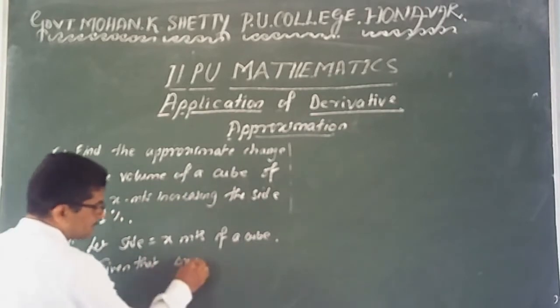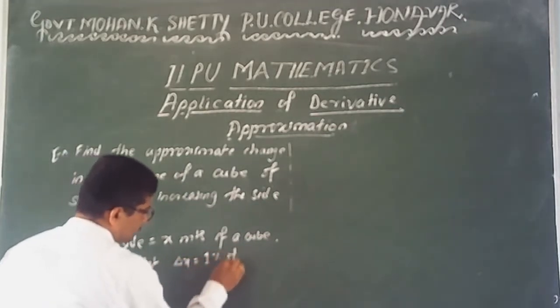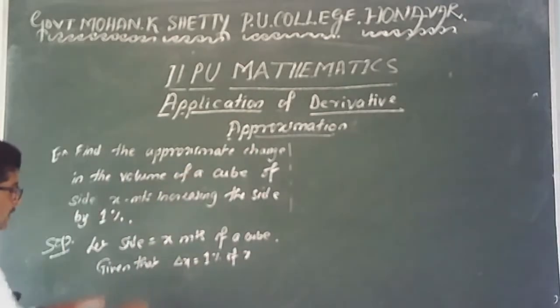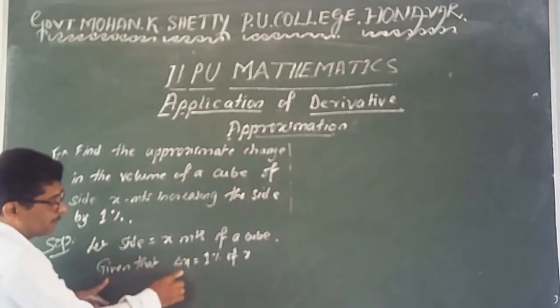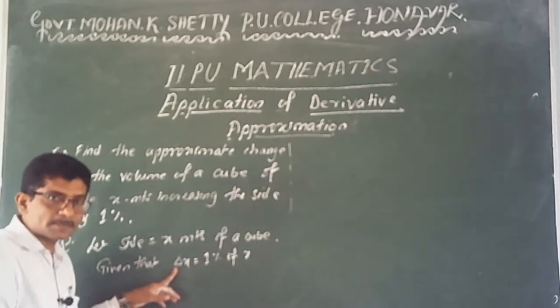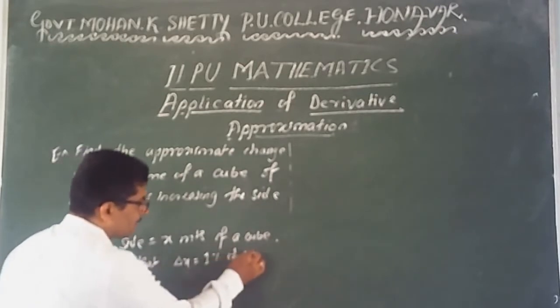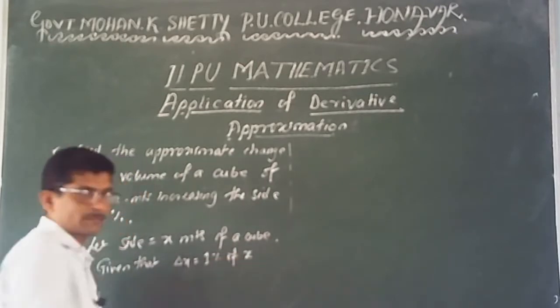The delta x is equal to 1% of x. It is clear? Given that delta x means the change of side, 1% of the side. Here x is an arbitrary value, not a fixed value.